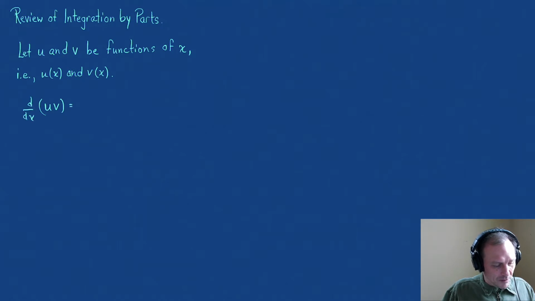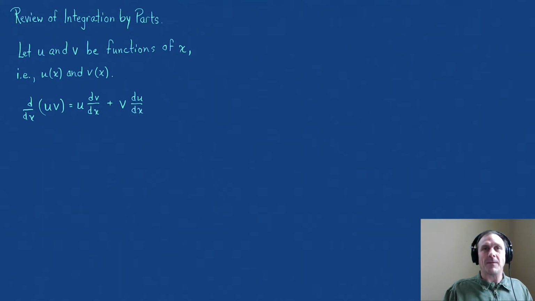Well, that's going to be the first, so u times the derivative of the second. That's the derivative of v with respect to x, plus then we're going to have the second, that's v, times the derivative of the first. So that's going to be du dx.